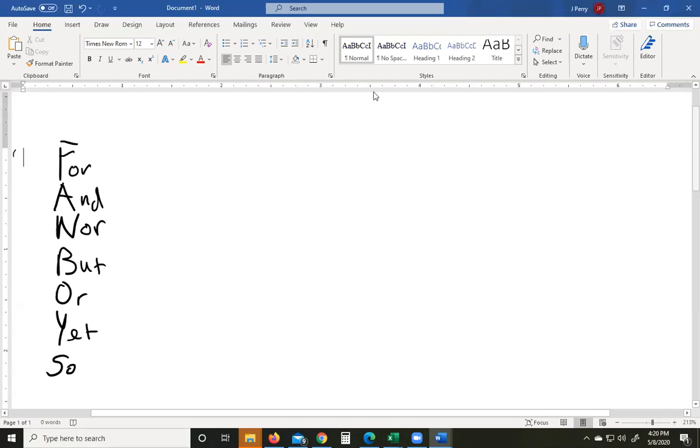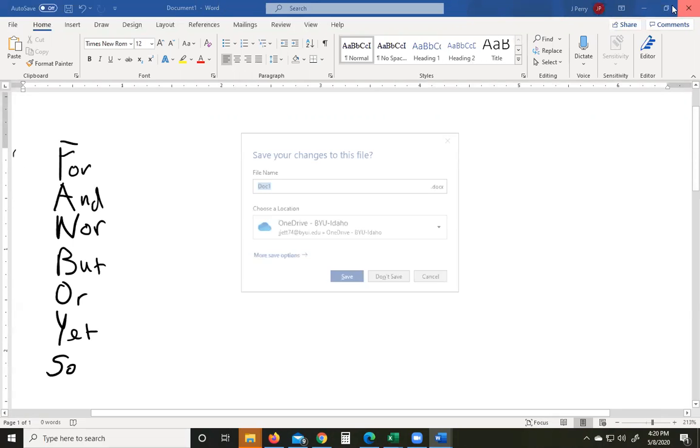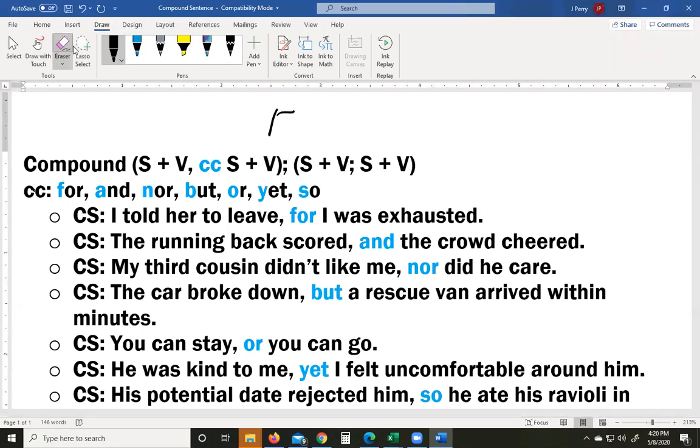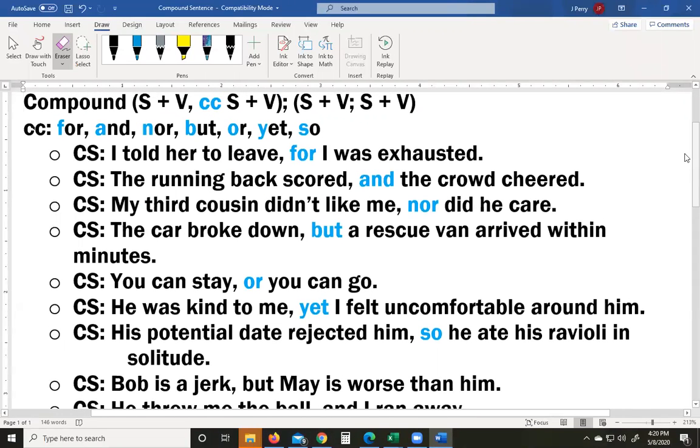Okay, so those are the 7 coordinating conjunctions. They're the 7 items that you would use in this. You won't use any other coordinating conjunctions. So I'm going to go through each of these so that you can see how each of them works.